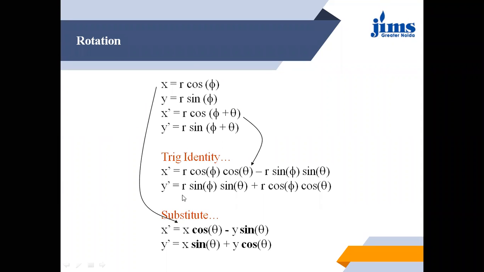I wrote the same formula again in the next slide. This is x dash equals x cos theta minus y sine theta.